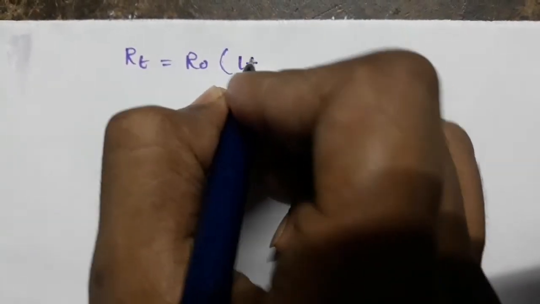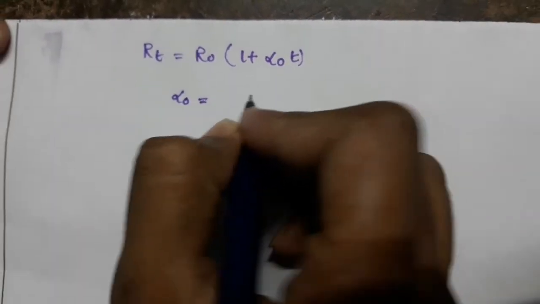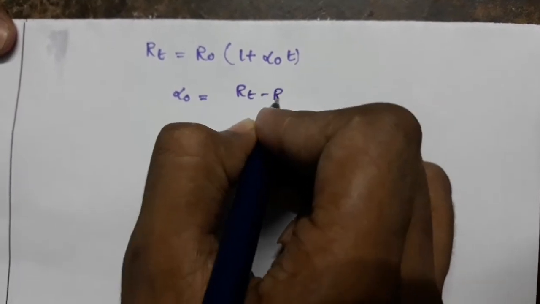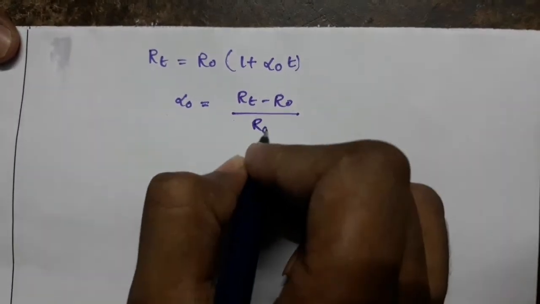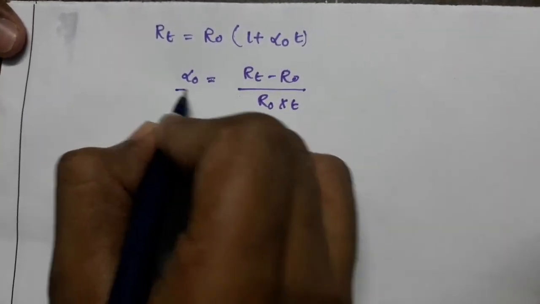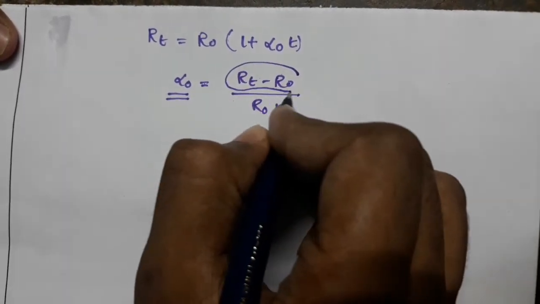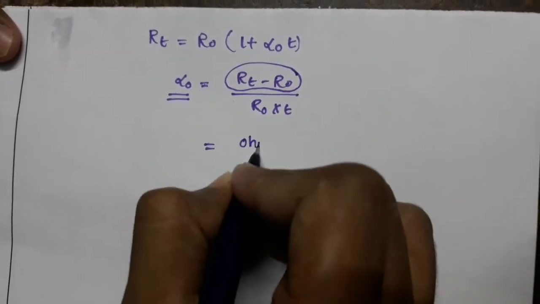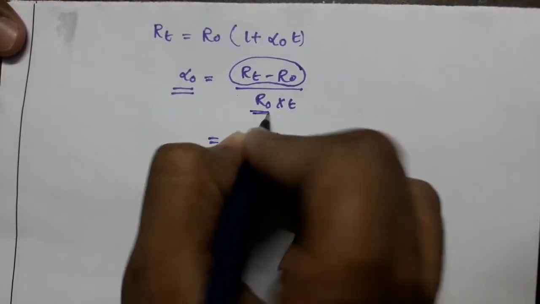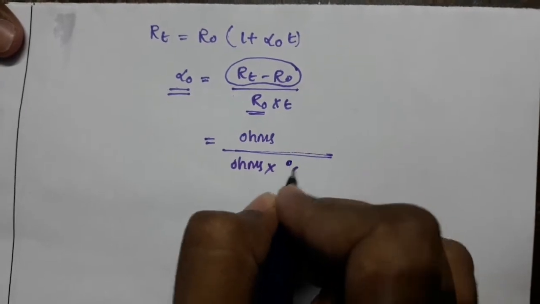We have got RT equal to R naught into 1 plus alpha naught into T. From this, alpha naught equal to RT minus R naught divided by R naught into T. So, the unit of temperature coefficient of resistance: the numerator will be in ohms, the original resistance will also be in ohms, and temperature is in degree centigrade.